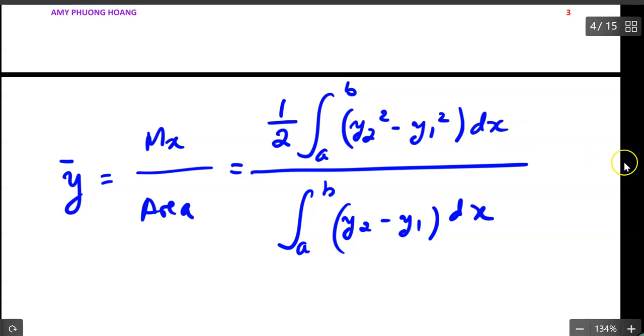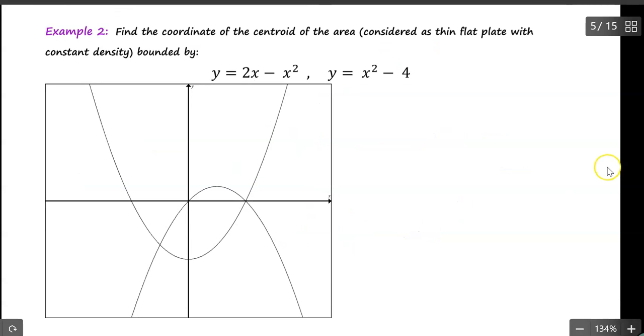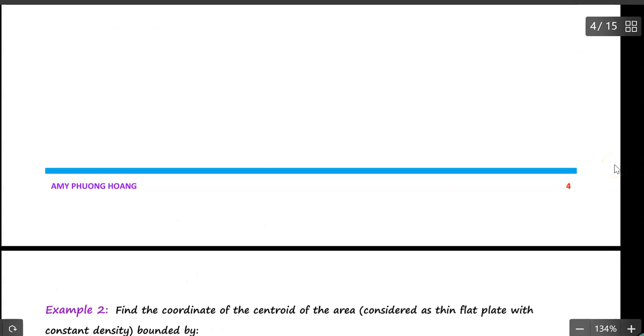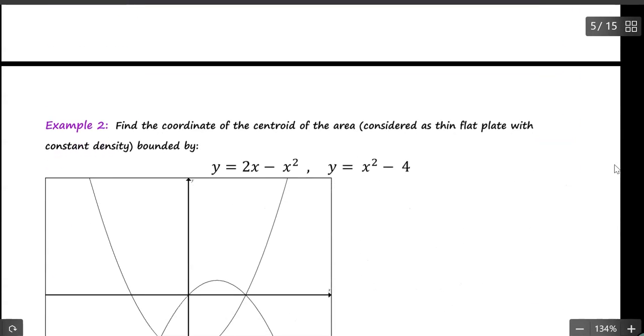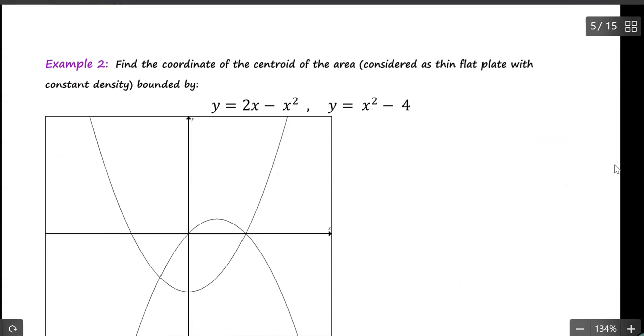I would like to mention a bit about the example that I'm going to work with here. Actually, this one should be example 1, if you can correct that for me, because I only work with one example in this particular lesson.